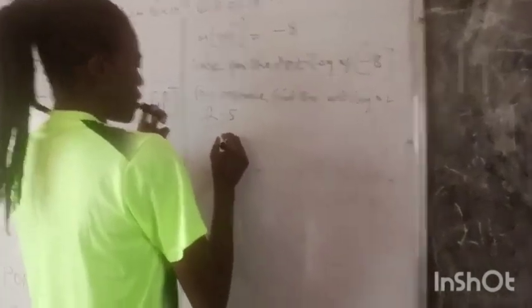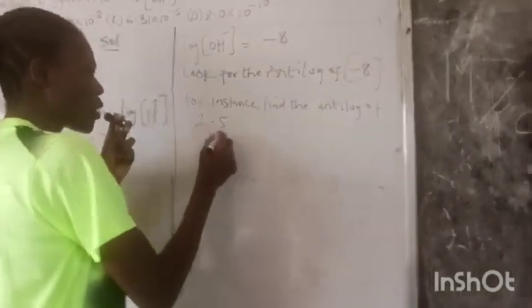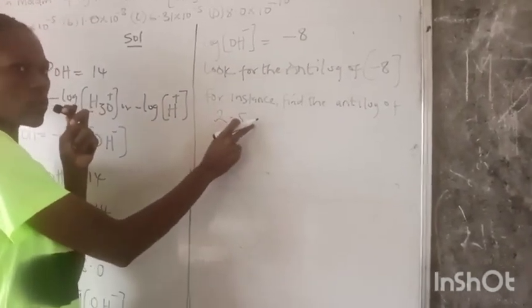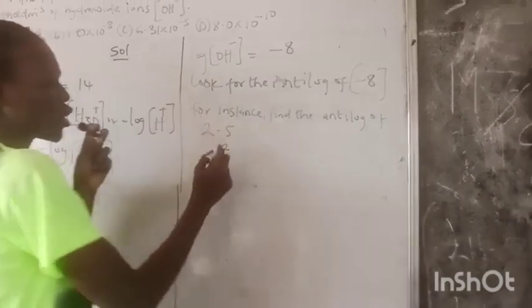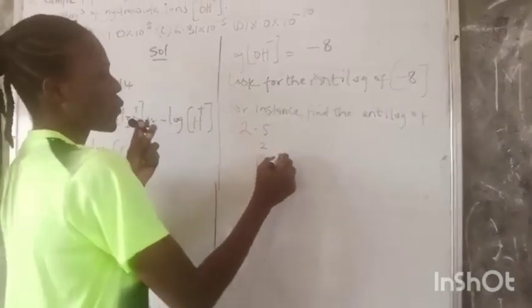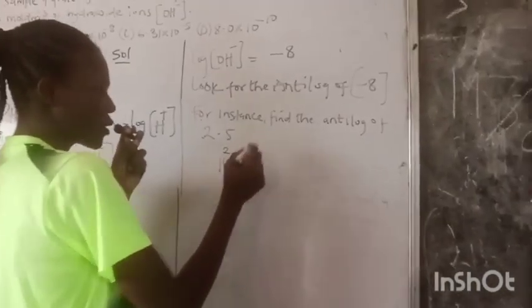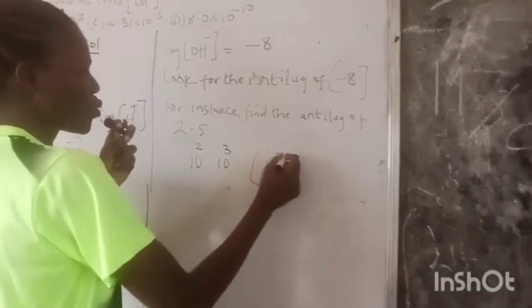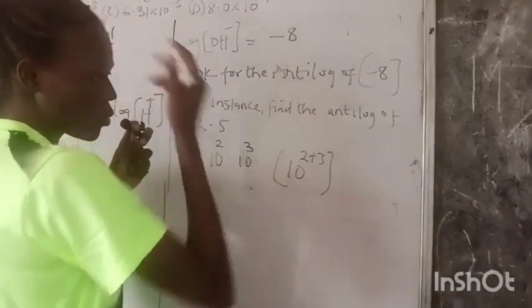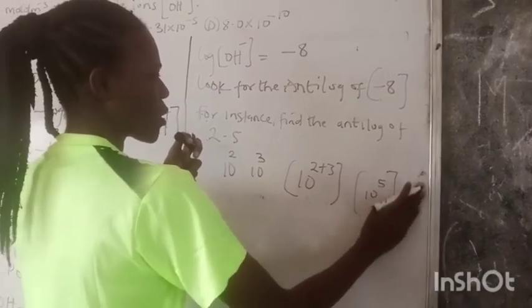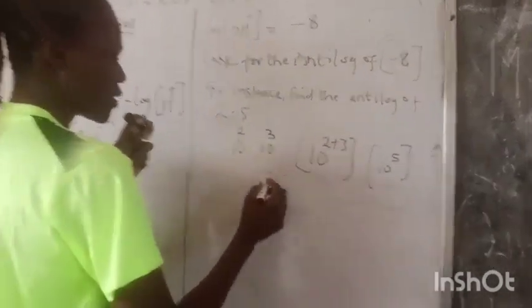What it simply means is this: it's going to be 10 raised to the power 2, because if you check this on the log table, it's between 2 and 3. So it's going to be 10 raised to the power 2, and also 10 raised to the power 3. Now using your indices, 2 plus 3 gives us 10 raised to the power 5.